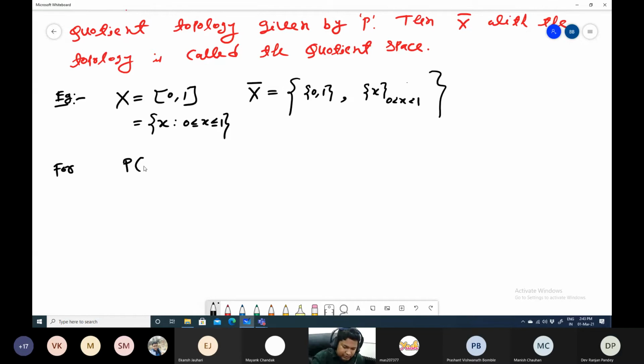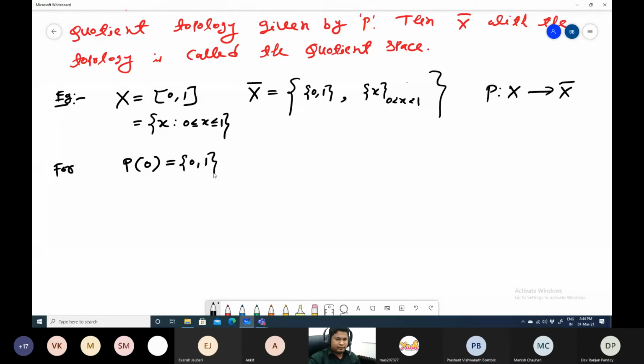Now tell me, what is my p? P of 0. So p is the quotient map, the way we are defining x to x bar. Now what is p0? The set {0,1}. Now what is p1?